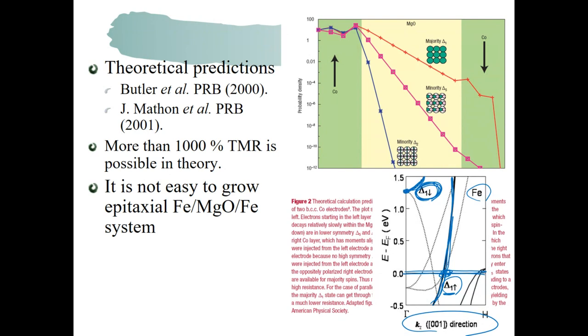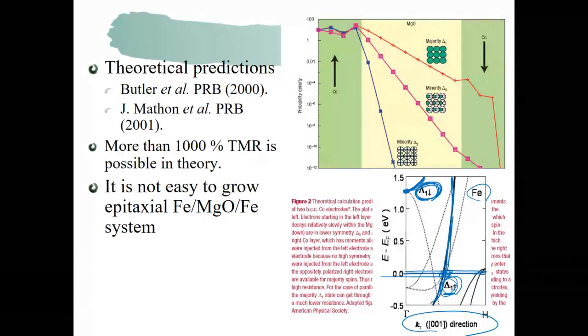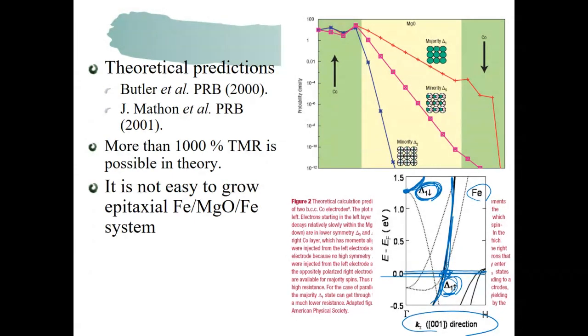So there is no crossing with the Fermi level, meaning there is no delta 1 down electron at the Fermi level. So if you think about the delta 1 band, iron is a perfect half metal. That means only one spin-polarized electron can exist at the Fermi level.